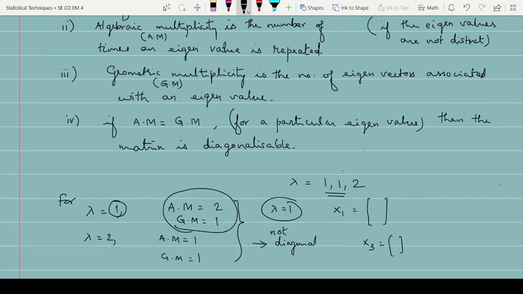So if AM equals GM for every eigenvalue, then the matrix is diagonalizable. For a particular eigenvalue, you have to take all the cases. However many eigenvalues there are, that many times you have to do AM, GM, AM, GM, like that. If in all the cases they are the same, then it is diagonalizable.